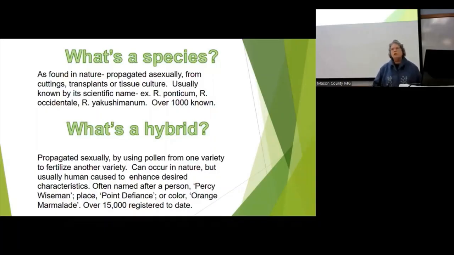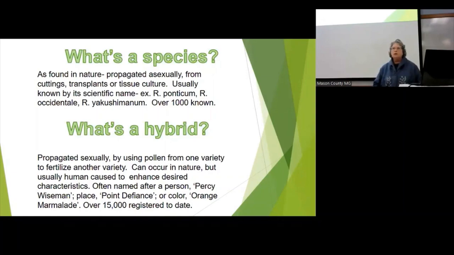Percy Wiseman, which is kind of a funky name, but it's a gorgeous plant. Point Defiance, so a place, or a color, such as orange marmalade. There's over 15,000 registered rhododendrons out there. So people will say, oh, what rhododendron do I have? And it's like, I have not a clue, usually, just because there are so darn many of them, and many of them are very similar.